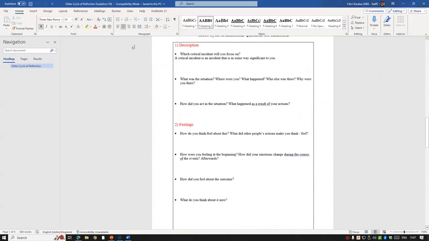Page 3 is where you start populating. So please type up your responses to each of them. I want you to think about a critical incident now that you will be focusing on. Generally, higher quality, deeper reflection emerges from seemingly negative events.